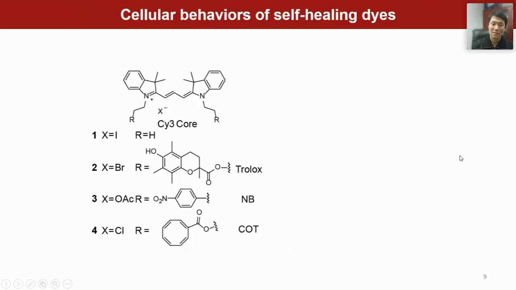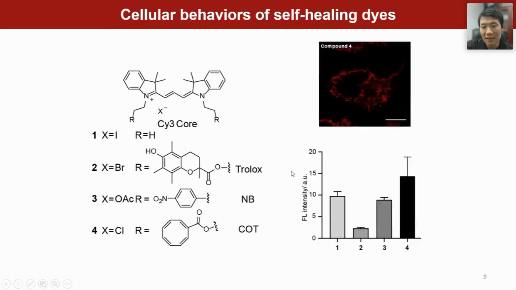So when I started my lab, we decided to test whether this strategy can work in the cell and alleviate the phototoxicity. The first experiment we did was to conjugate three proven triplet state quenchers to the classical dye Cy3. We picked Trolox, a vitamin E derivative, which is a reductant; nitrobenzene, an oxidant; and cyclooctatetraene, COT, this weird polyene molecule.